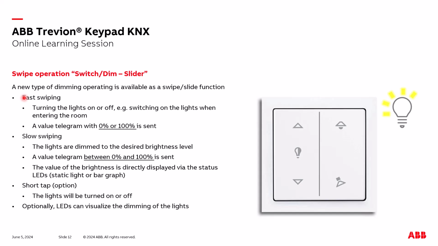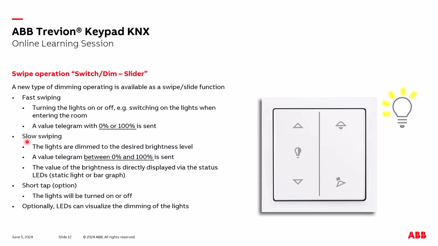With your finger, you make a fast swipe up or down, and then the Trevion sends a telegram with 0 or 100%. This is like the on-off function. For example, when you come into the room, you swipe up to switch the light on, or you leave the room, you switch the light off. This is so-called fast swiping, like on and off.